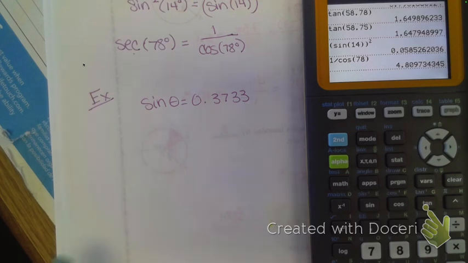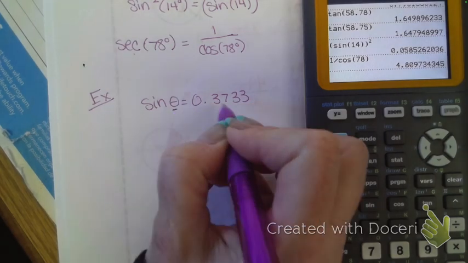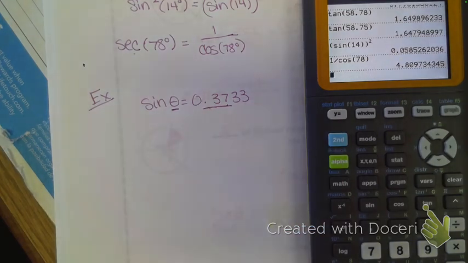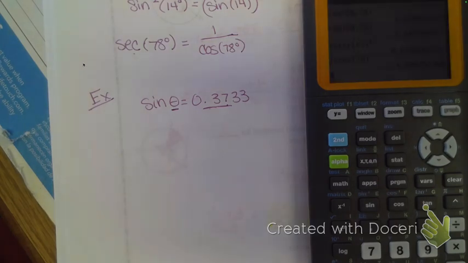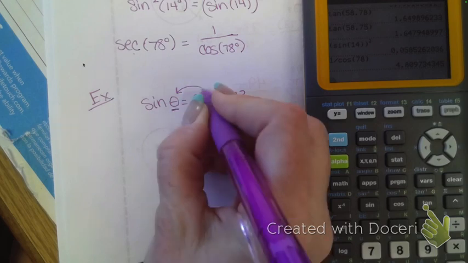You can't put an equation in your calculator. You can put one side or the other. So this is my input, and this is my output, this is my domain, this is my range. So I need to switch them, yes? So what kind of function allows me to switch them?